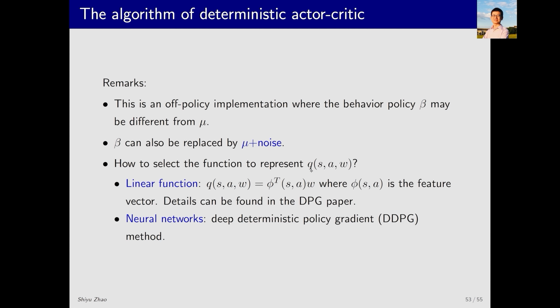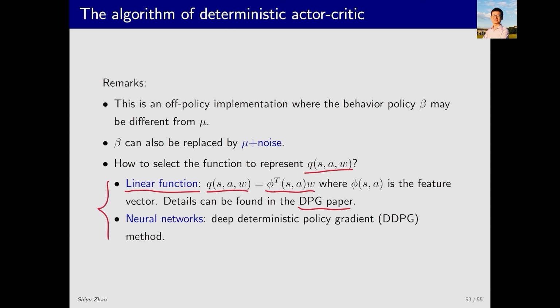Another remark involves the calculation of Q within the gradient. How do we select Q? There are two ways. The first way, which was widely used before and also used in the original paper that proposed DPG, is to use linear functions. That is, Q equals phi transpose multiplied by W. Here, W is its parameter, and phi is a feature vector.